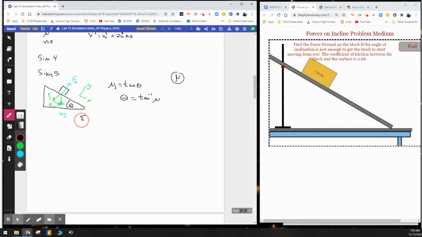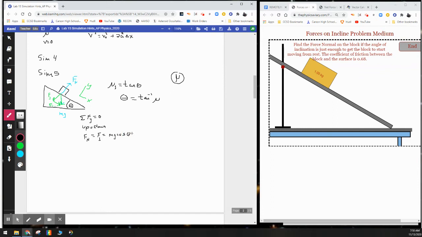So the sum of the forces in the y direction is going to equal 0 because it's not accelerating in the y direction. That means up equals down. The only force going up is Fn, and that equals the perpendicular force, which we should have memorized as mg cosine of theta.